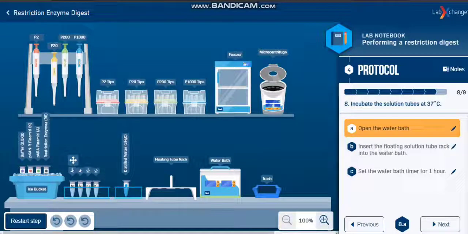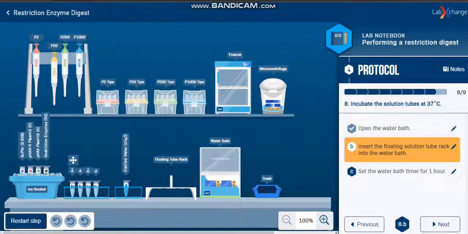Incubate the solution tubes at 37 Celsius. Open the water bath. Insert the floating rack with the solution tubes into the water bath.